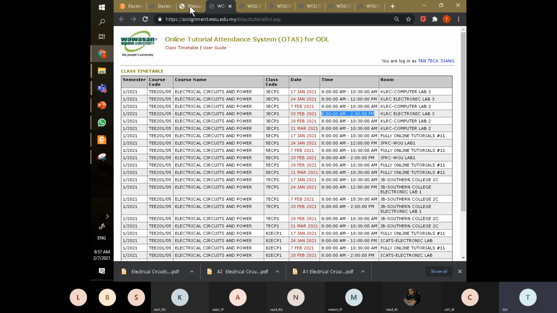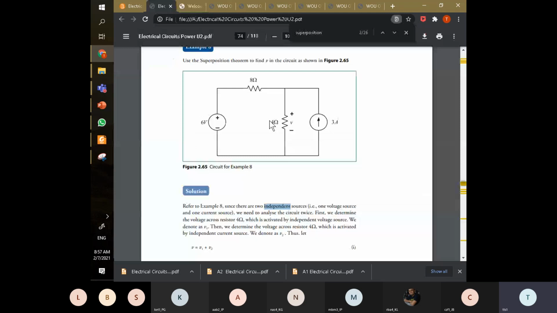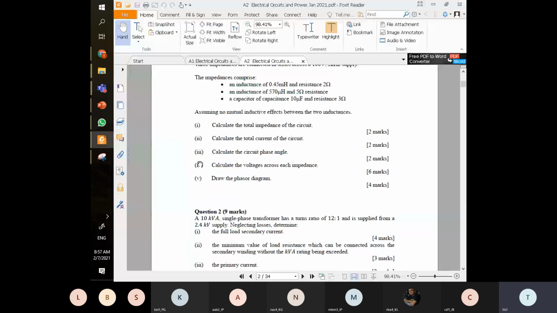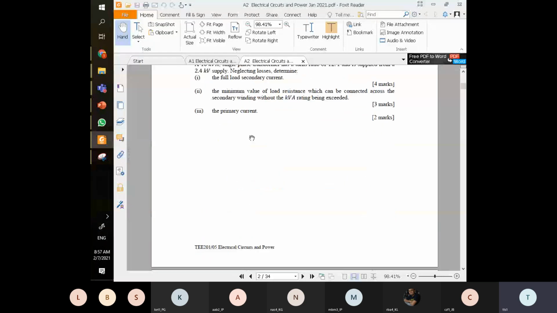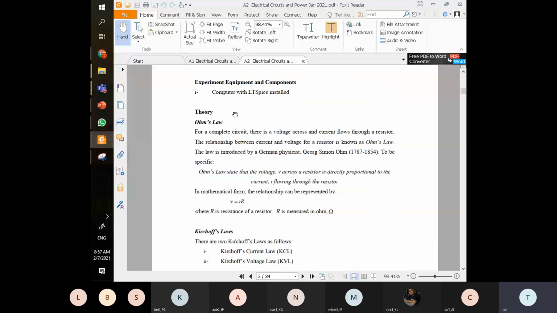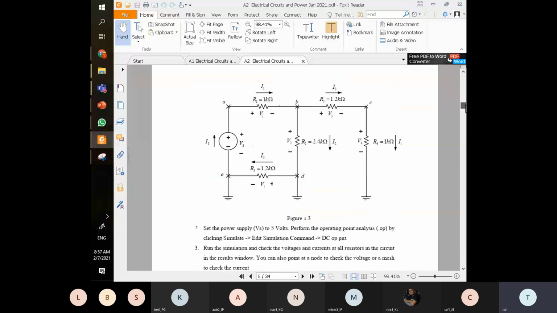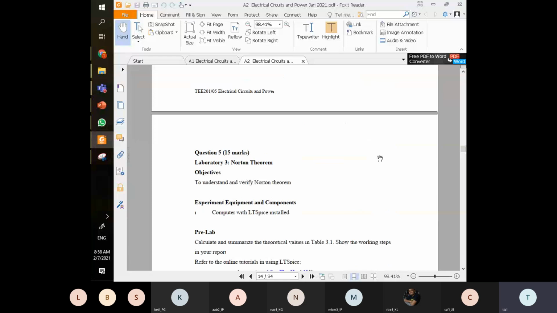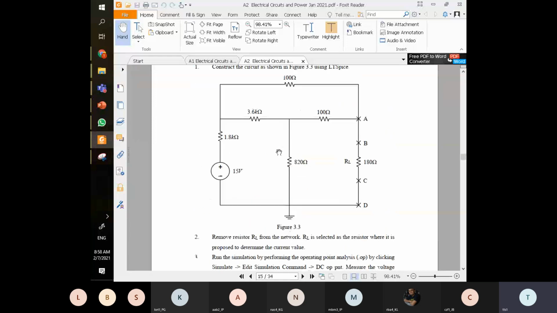Now back to our assignment 2 again. Assignment number 2 comes from Unit 2 and Unit 3. Last lab we covered questions 3 and 4. Noted here, we covered 3 and 4.